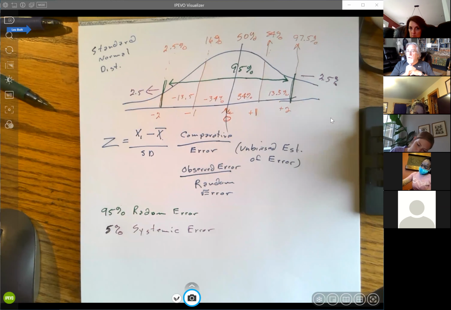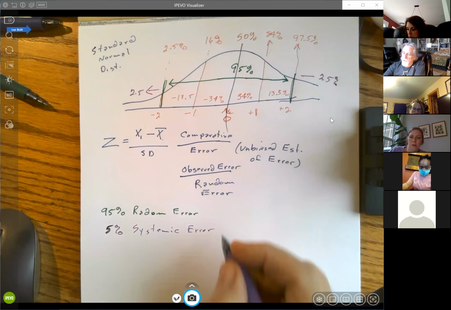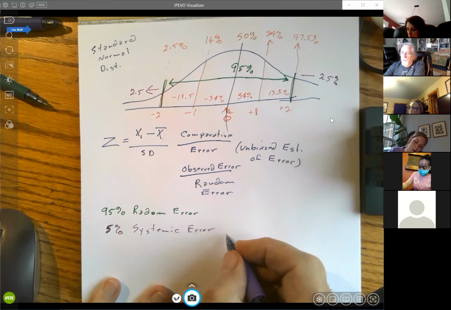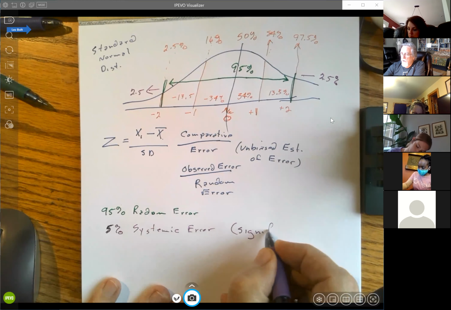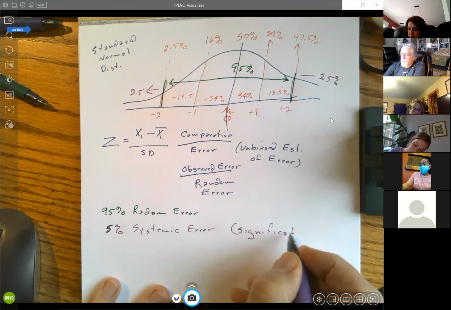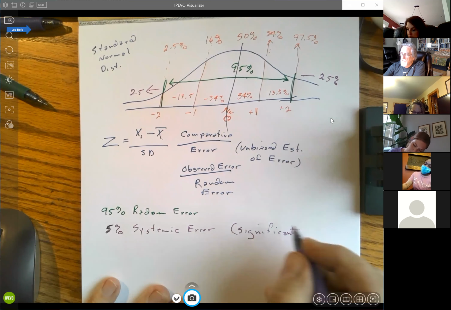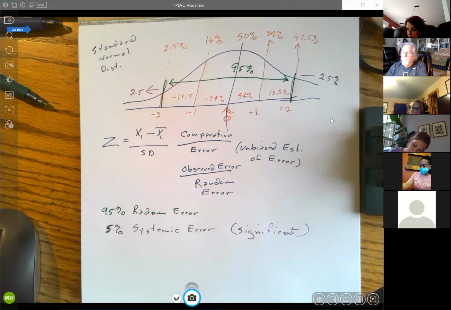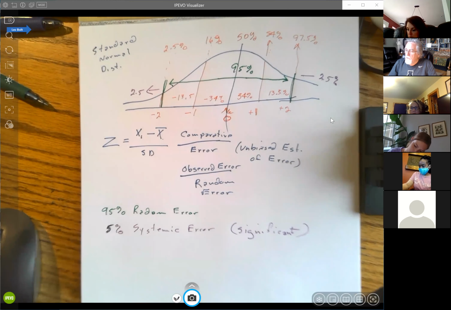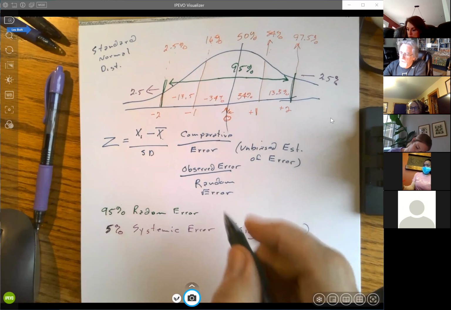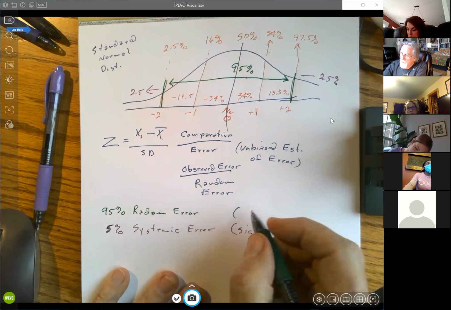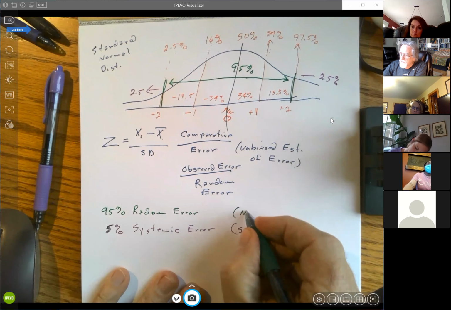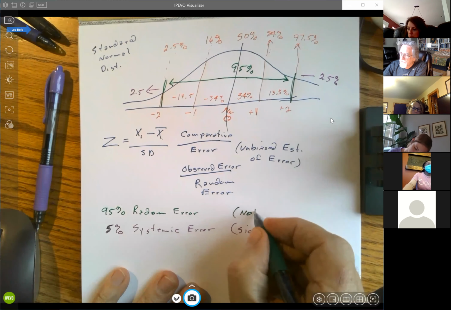And so if we observe something in this area of systemic error, we say that is a significant outcome. And if something is up here in the 95% area, we say that is not significant.